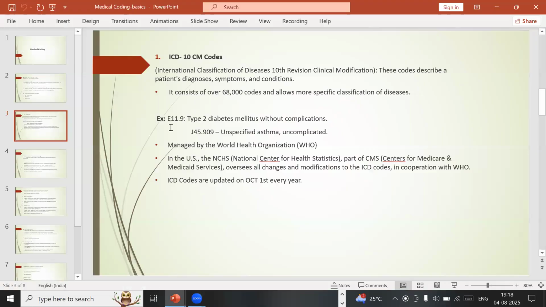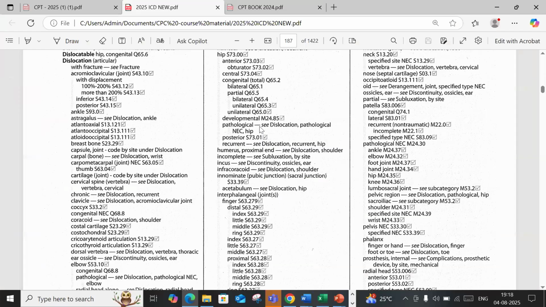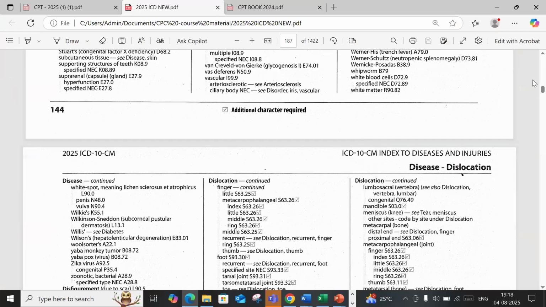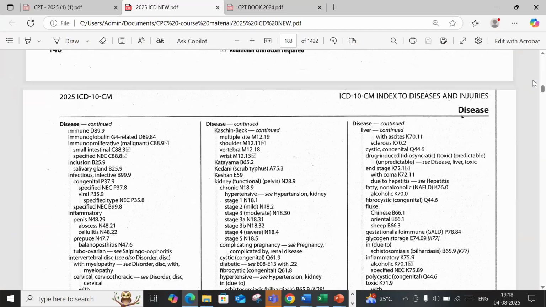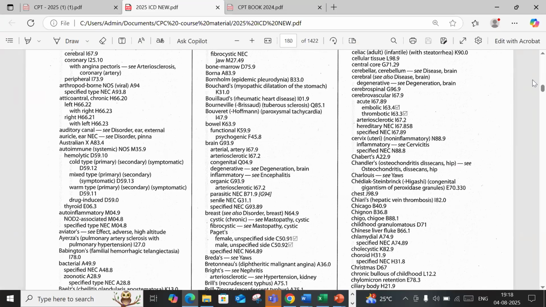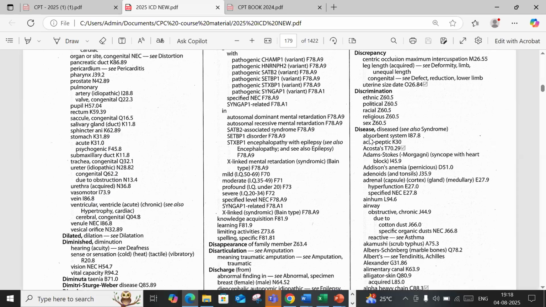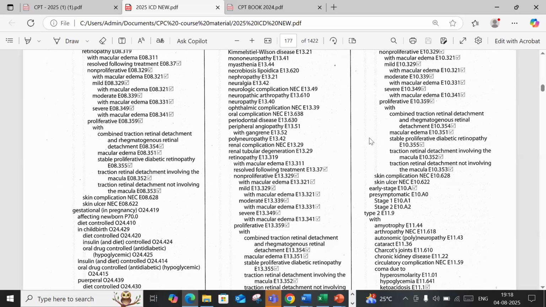So this is another example, okay? E11.9, that is the alphanumerical code for type 2 diabetes. So now you have to go to D, diabetes, right? So under D, you have to see diabetes. Then next you have to search under diabetes, type 2.